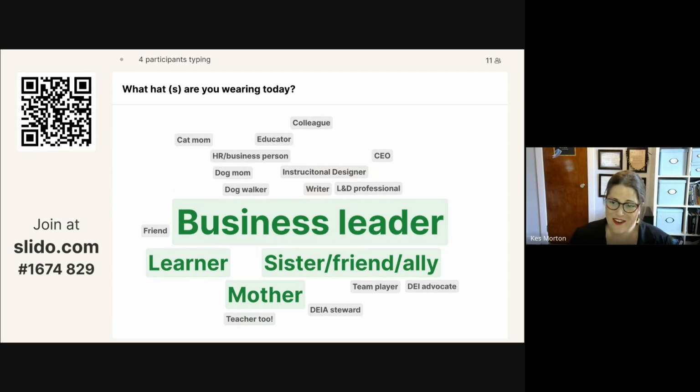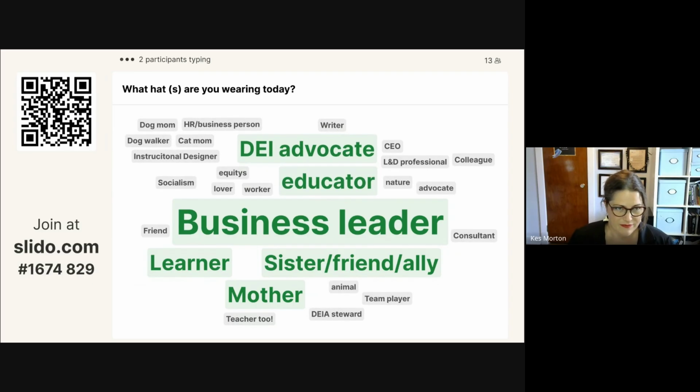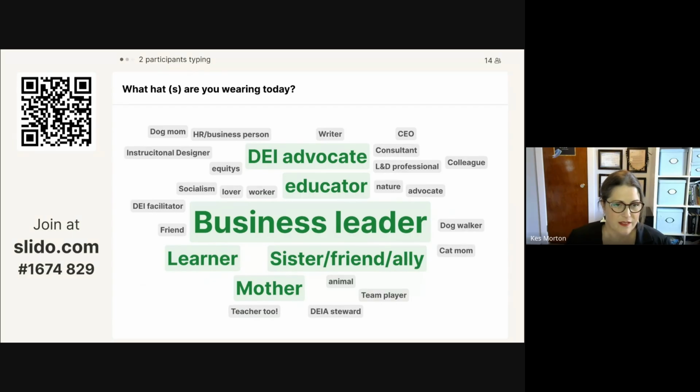Yes, a couple of cats kicking around here. I just had to turn off my video to throw one of them in my office because they don't understand that this is not snuggle time. DEI advocate, dog walker, consultant, writer, L&D professional. I can't keep up with them all. Nature advocate, worker. I think there's a few that have been broken up here. Sometimes Slido does things to us.